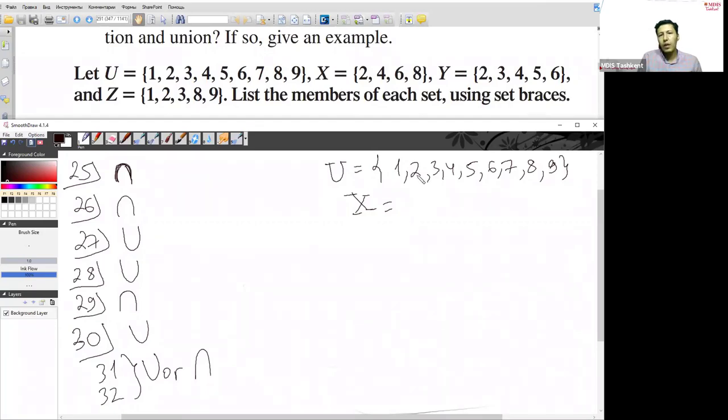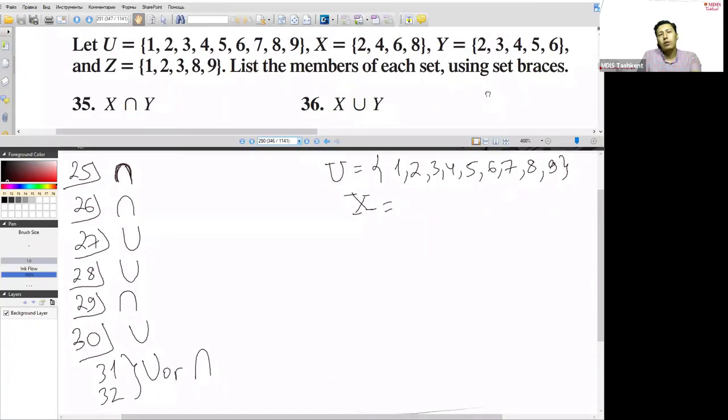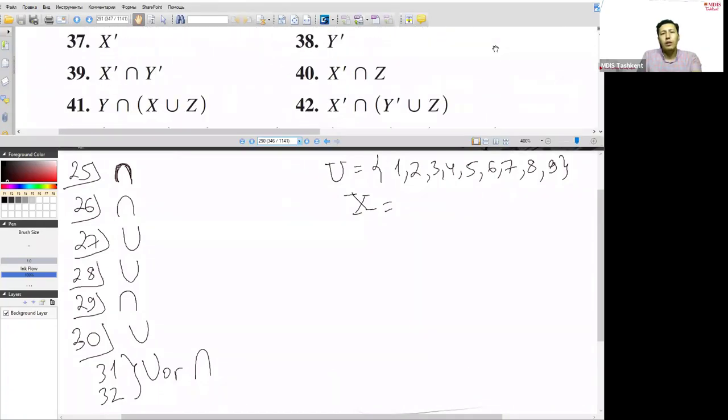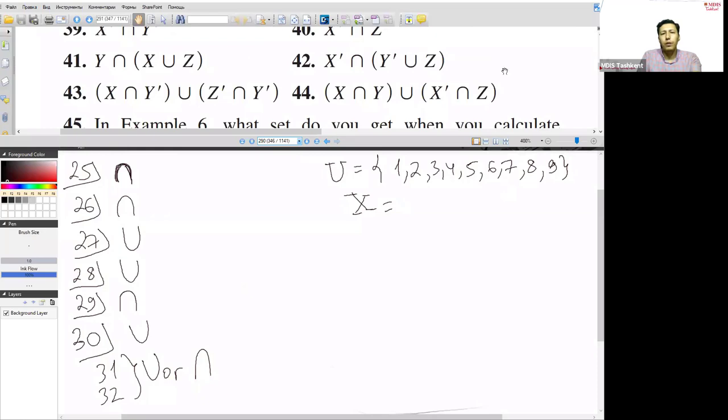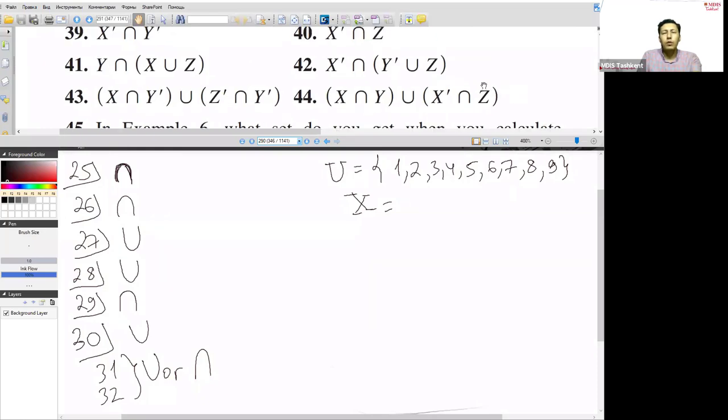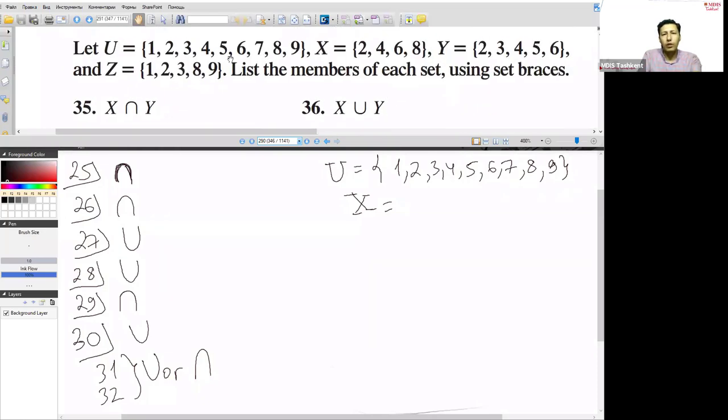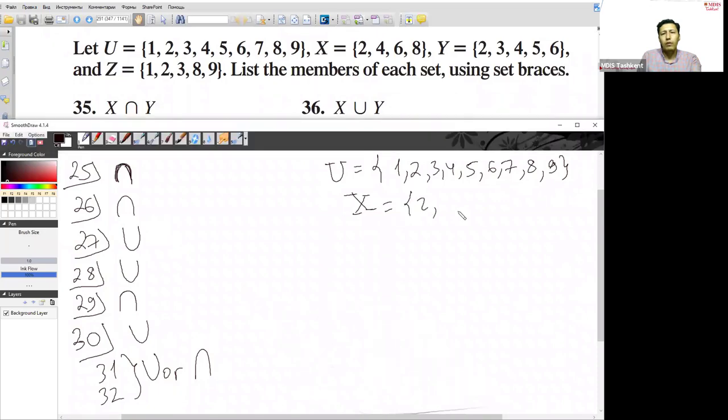Yes, you can. Usually in exam, they ask questions like this one, 35 until 44. Usually you will have exam questions like this one, not the previous ones. So x is 2. Even in your assignment, you have question like this.